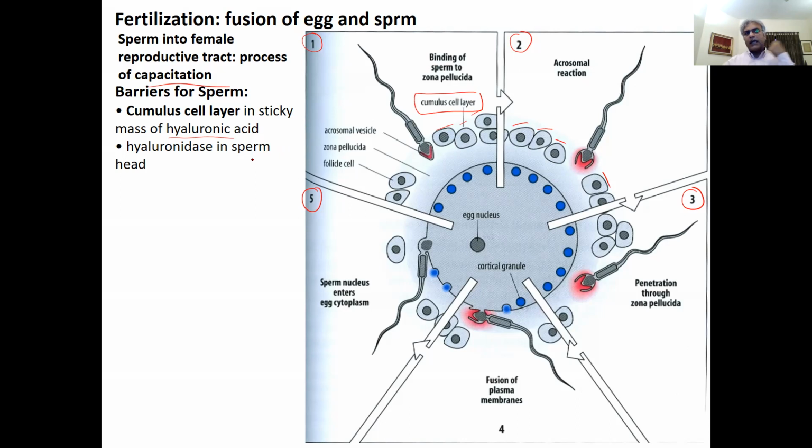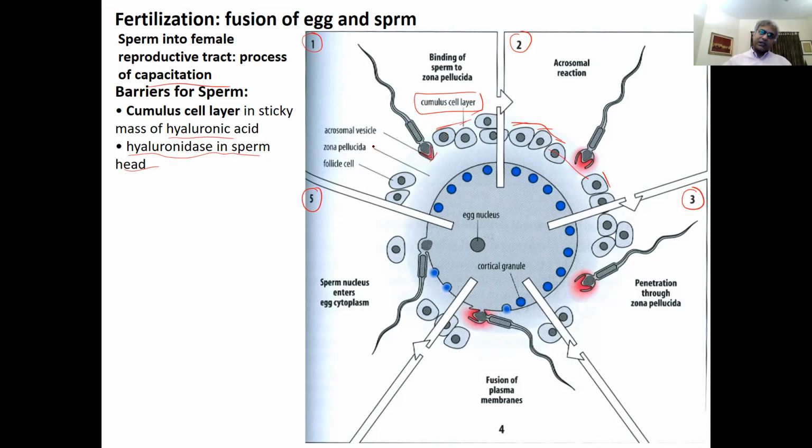And the enzyme hyaluronidase is present in the sperm head, which facilitates the disruption of the cumulus cell layer. And by the action of this hyaluronidase, after disrupting the cumulus cell layer, eventually the sperm start entering into the oocyte.